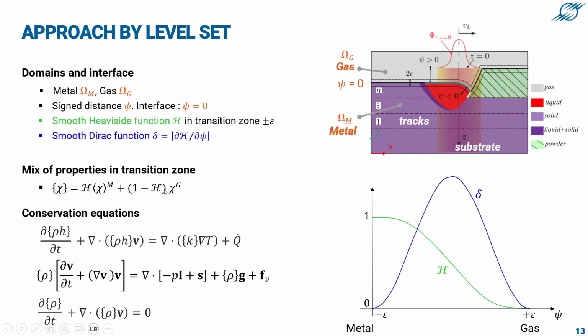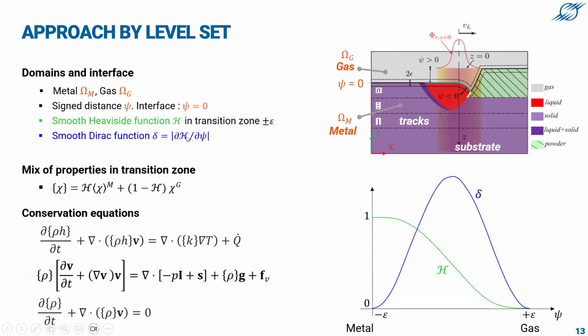So the mixing rule can be made in different ways. I don't insist on that. And then you can transform the conservation equations that you will have to treat, conservation of energy, conservation of momentum, and conservation of mass, by doing this mix of properties. And the transformation of the surface forces into volume forces is made by this Dirac function.